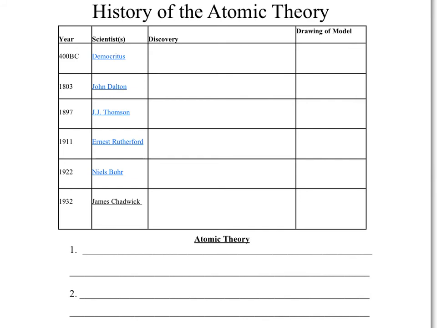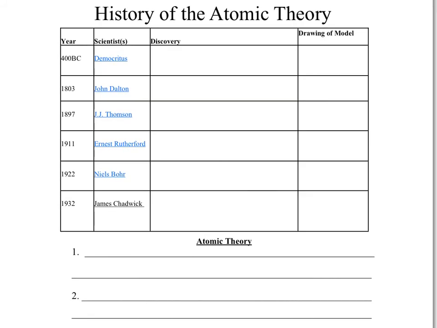So Democritus was the one in ancient Greek times. He came up with the concept that if you took something, like a piece of paper, and kept splitting it in half, eventually you're going to hit something that's uncuttable, indivisible, which in Greek is the word atomos, which is how we came up with atom.